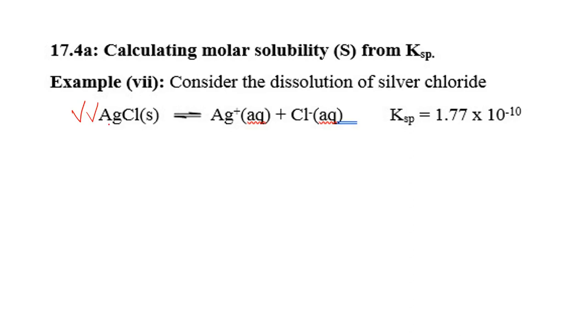Most of the times you'll be given the equation, and the KSP of silver chloride is also given here. So it's solubility product constant, KSP. So the question is, calculate the molar solubility from the KSP. How do we solve this problem?